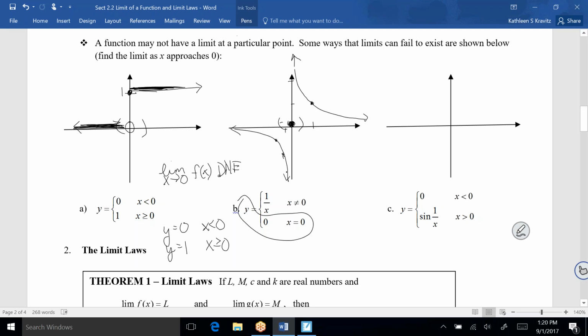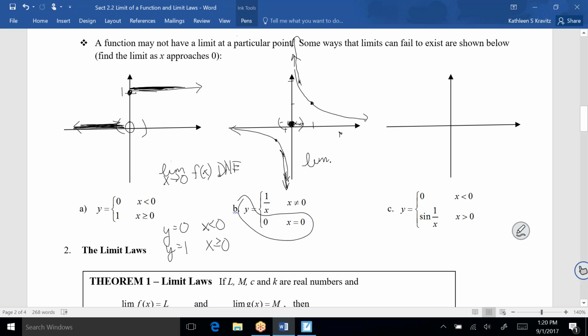And they just keep getting bigger and bigger negatively down here. And then if I look at what's happening to the right of 0, the y values are here, and they're getting bigger and bigger positively in this direction. But they're definitely not approaching the same number. So they're definitely approaching different numbers.